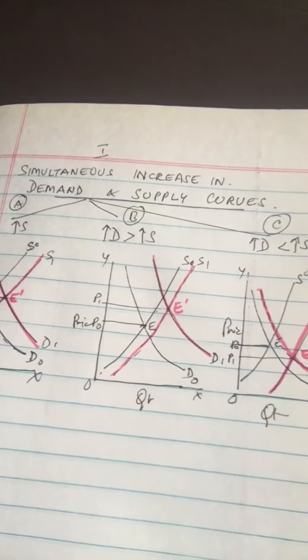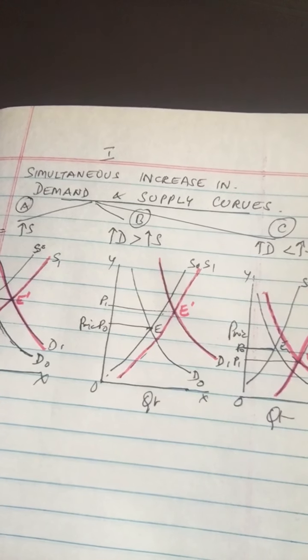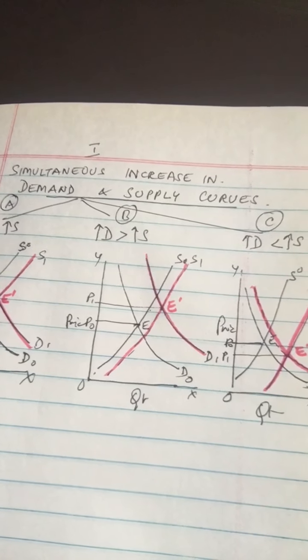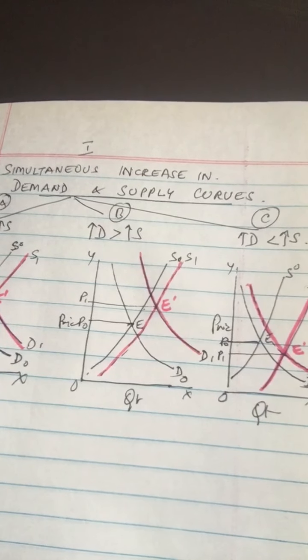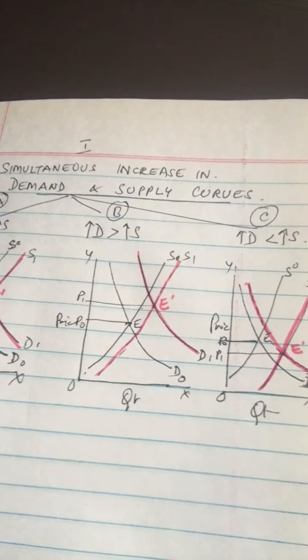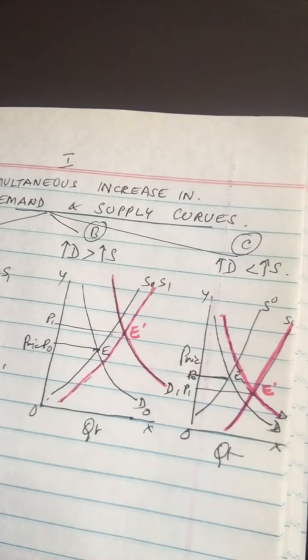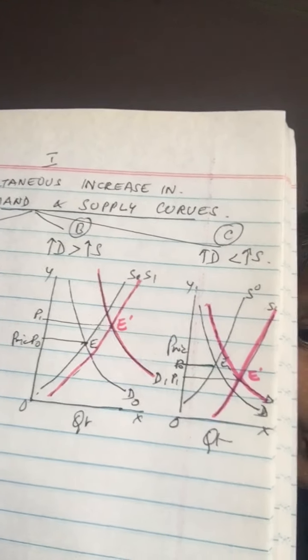Now looking at the other one where increase in demand is greater than increase in supply, what happens? As you can see, E is the initial one, you have a new equilibrium which is higher than the original. So the equilibrium price will increase. Can you see that? The equilibrium price has risen, and obviously if you just draw a perpendicular right to there on the x-axis, you'll see that the quantity has also increased from that point.